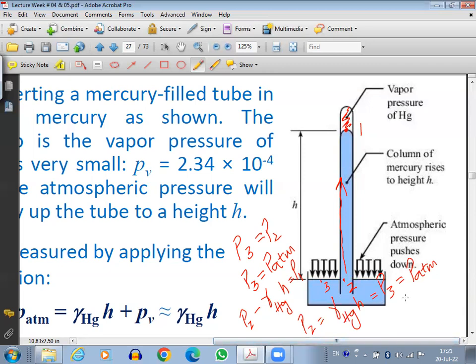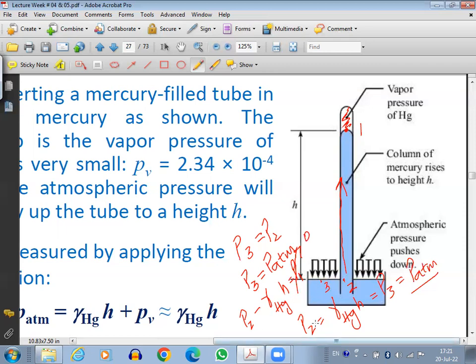So I can find out the atmospheric pressure. The atmospheric pressure is equal to gamma times H, and that is the absolute value because I'm using absolute values here. Since P1 was absolute, I placed it as 0.